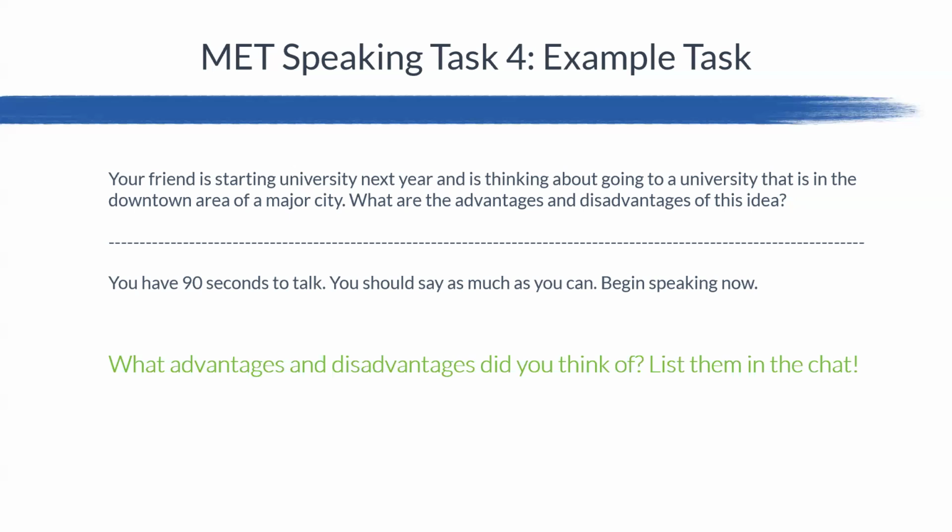And the hardest part probably of MET Speaking Task 4, in my opinion, is coming up with the ideas. Once you've got some ideas and you start talking, you might find that the ideas keep coming and you think of more ways to connect it back to the topic, or you think, yes, there's going to be more industry, but that does lead to higher cost.